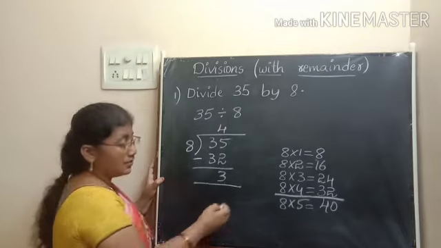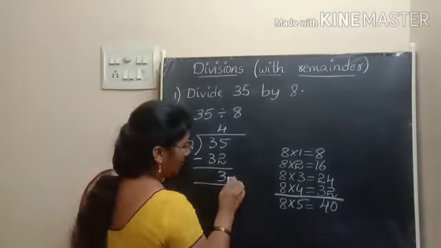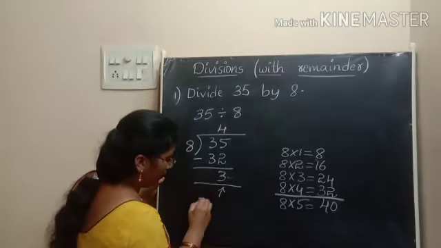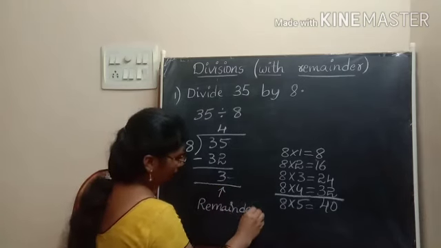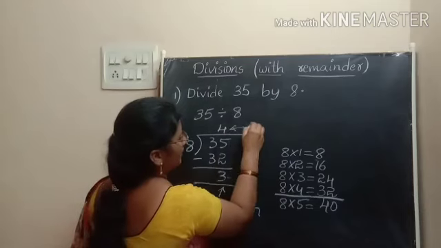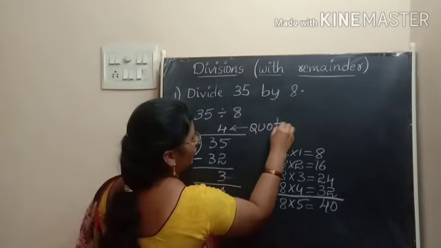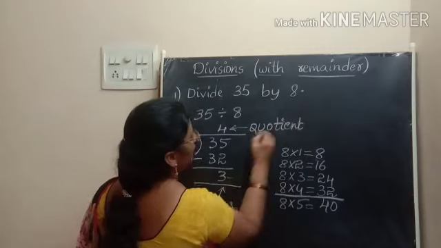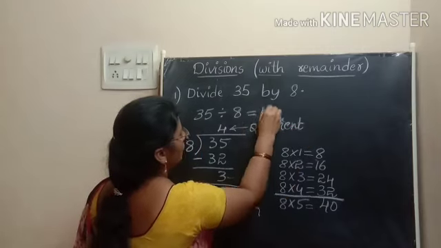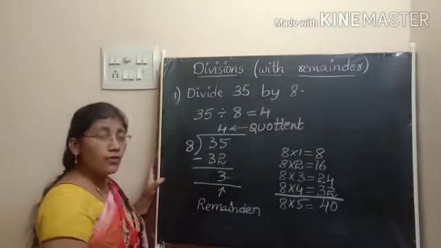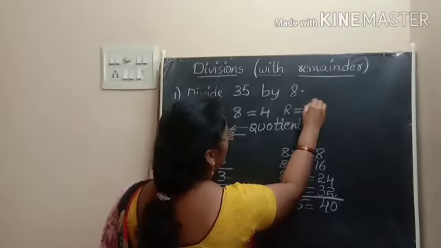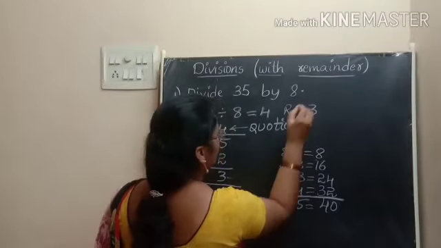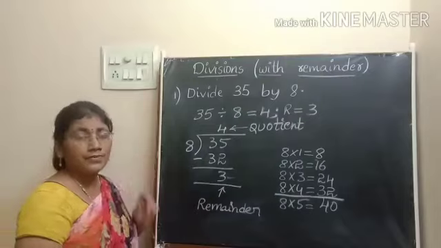So here 3 is remainder. 4 is coefficient. So the result is 4, and the remainder is equal to 3. Understood, children? Is it clear?